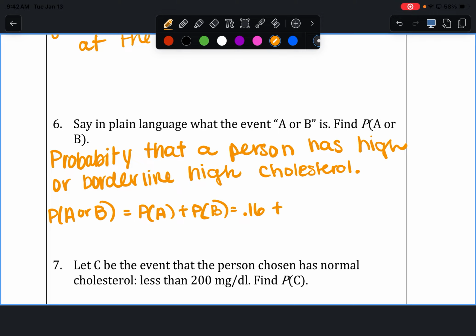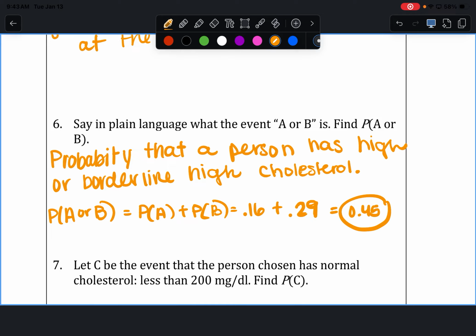What's the probability of B? 0.29. When we're doing these, we will almost exclusively deal with decimals unless it asks you what it means. What is 0.16 plus 0.29? It is 0.45. So that is the probability that it's high or borderline.